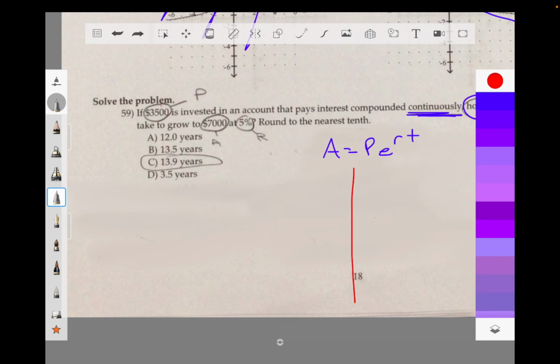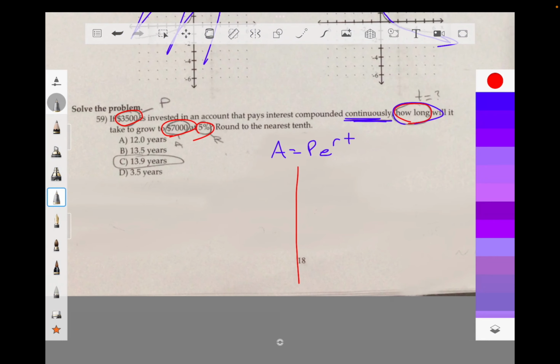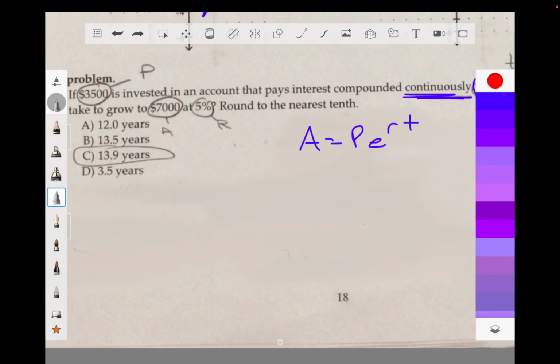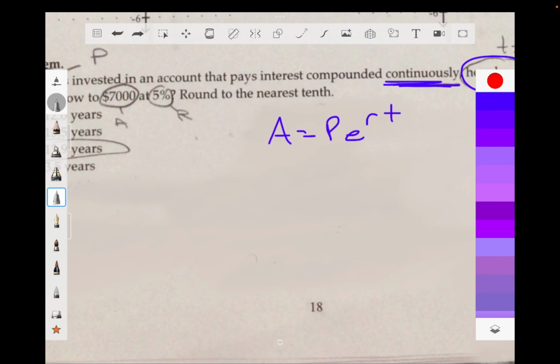But we have our A, which is 7,000. We have our interest rate r, which is 0.05. We have our initial P, which is 3,500, and we're looking for t. So I think we should keep it in this format for now and just solve it algebraically without the numbers because it might be easier to look at.